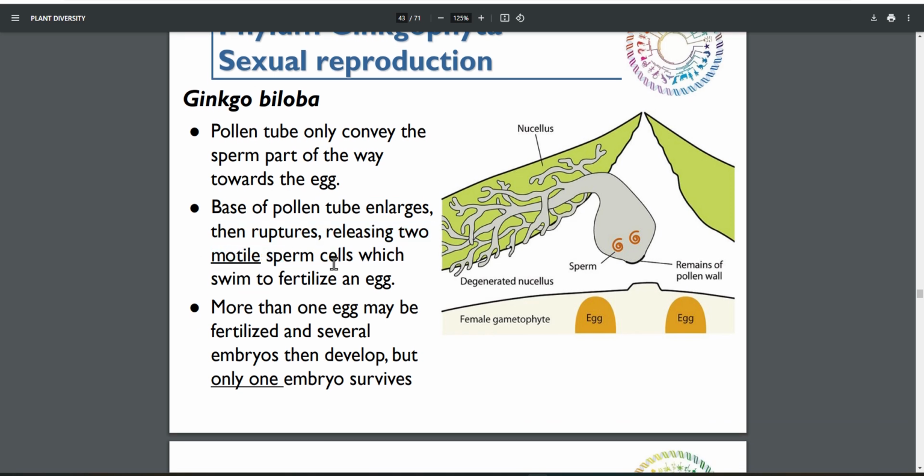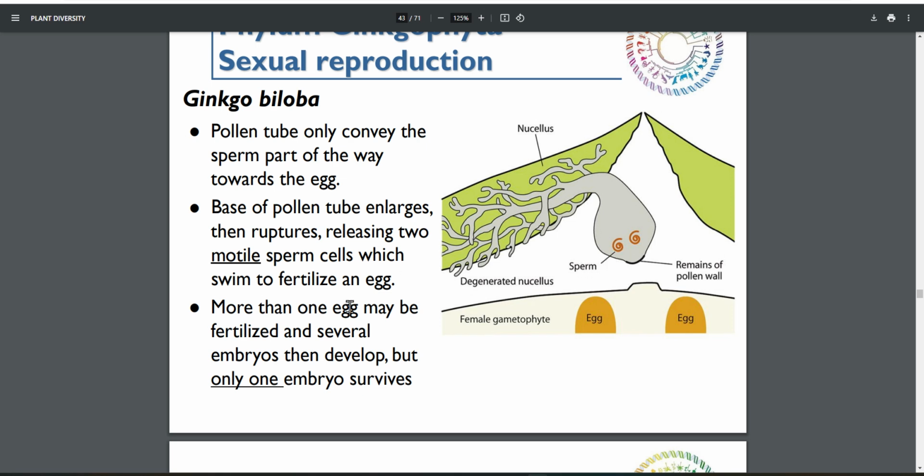This means that the sperm will have a flagellum or flagella that can swim around, and they will swim to fertilize the eggs. Now, what that means is that this environment will need liquid to allow the sperm to swim, basically, the sperm needs water to swim.